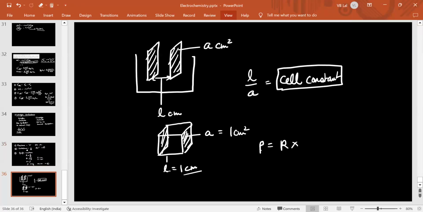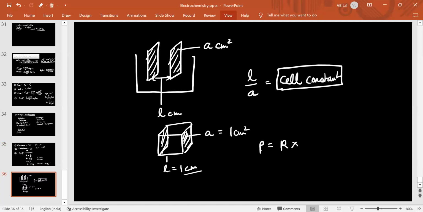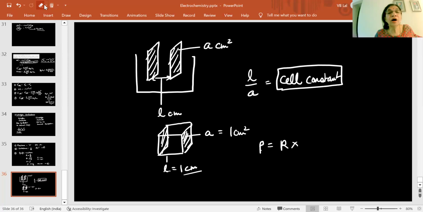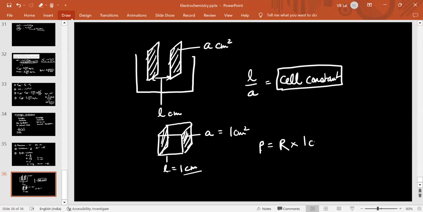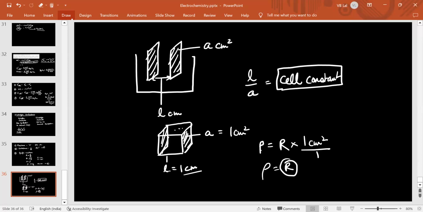So rho is equal to R into 1 centimeter square by 1 centimeter. So rho is equal to resistance. What is the resistance here? Of all the electrolyte which is present in this.